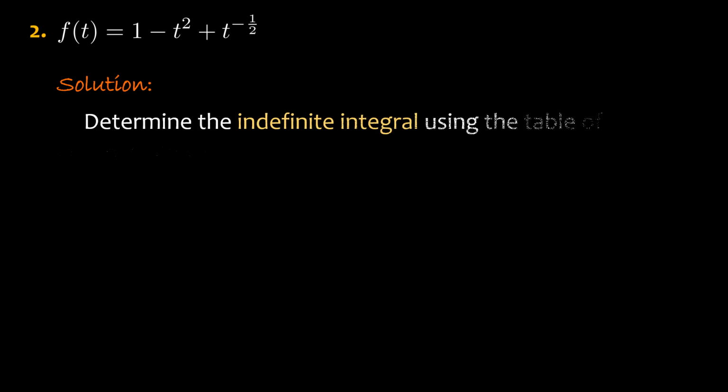Number 2. f of t equals 1 minus t squared plus t raised to negative 1/2. Solution. Determine the indefinite integral using the table of antiderivatives.